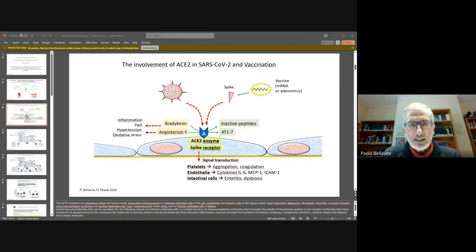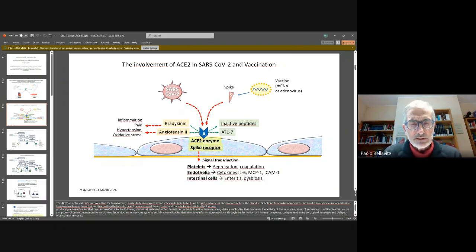The main problem of this aspect of the pathology is the fact that ACE2 has two functions, enzymatic function and receptor function.